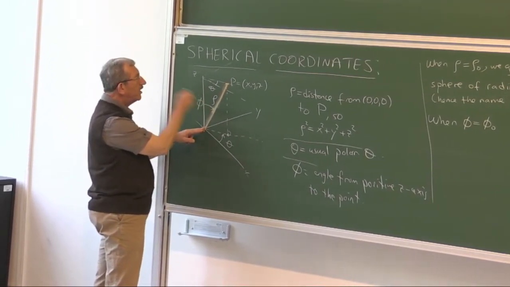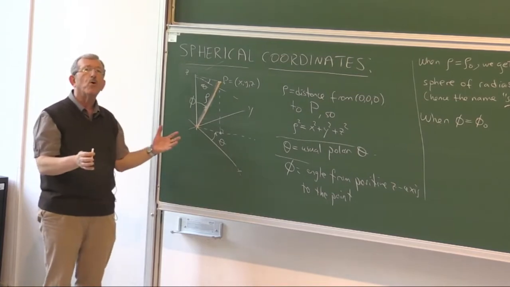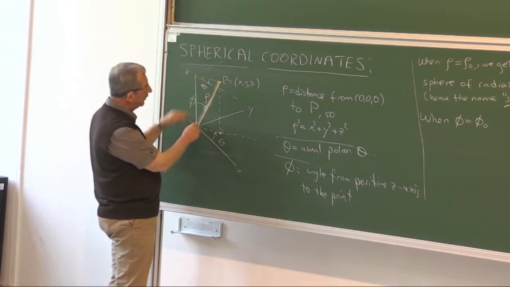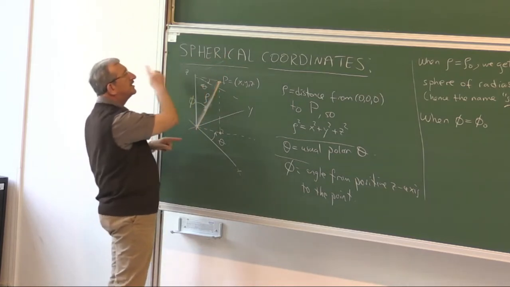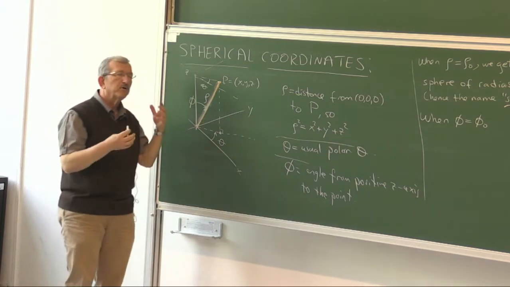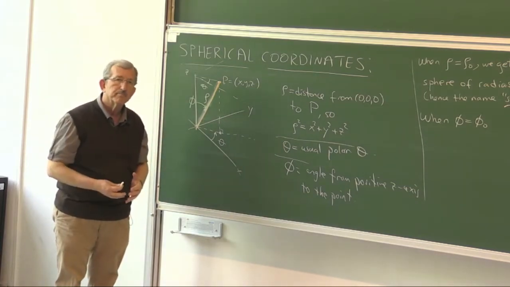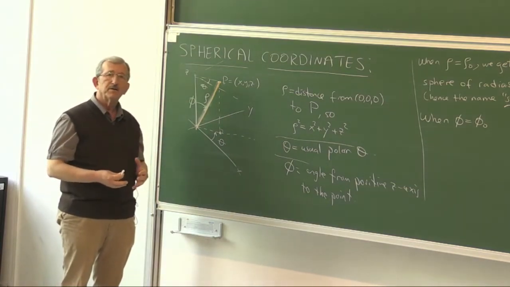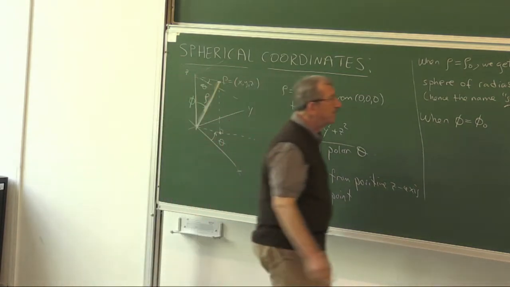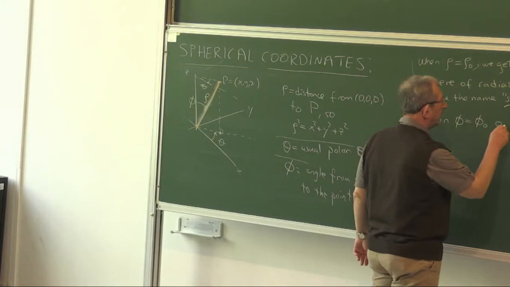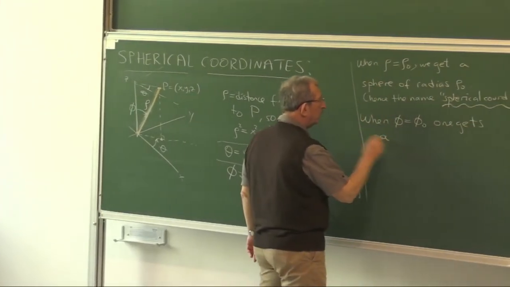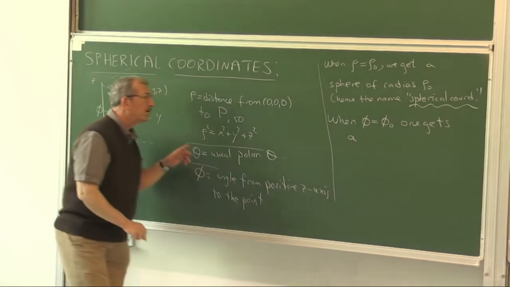Phi will be the same for all such points. Of course, the distance is not important. If you increase the distance and still rotate about the z-axis, phi will still be the same, which means that it's a cone. So, when phi is phi 0, one gets a cone, but you have to be careful with the following.